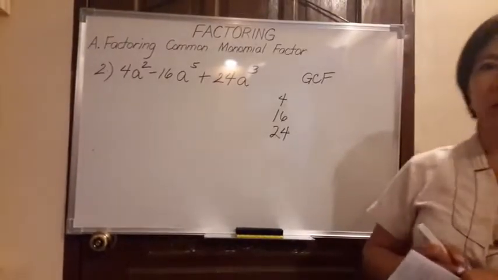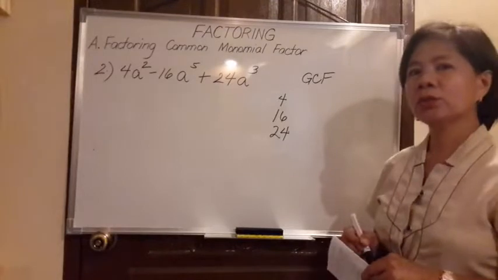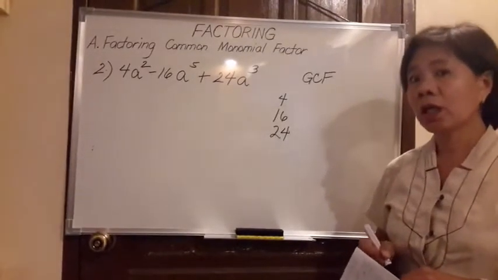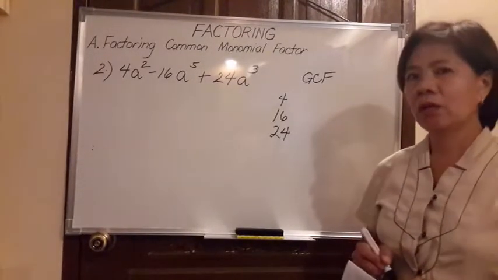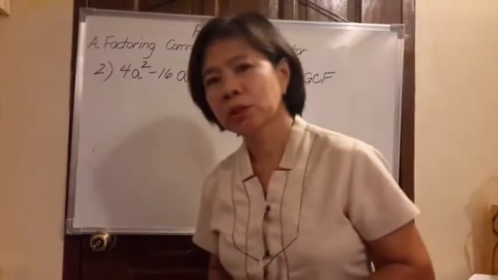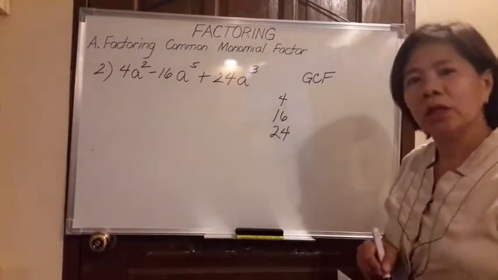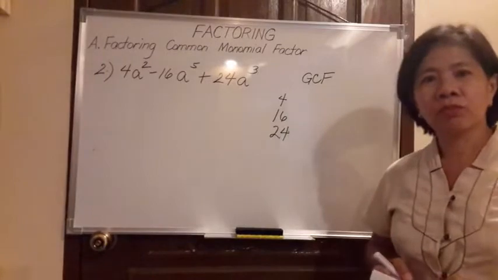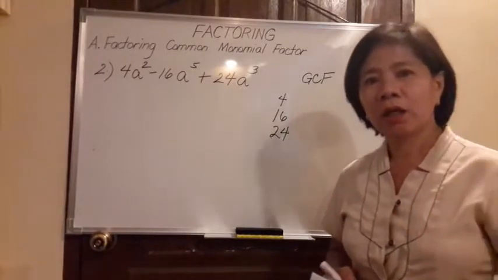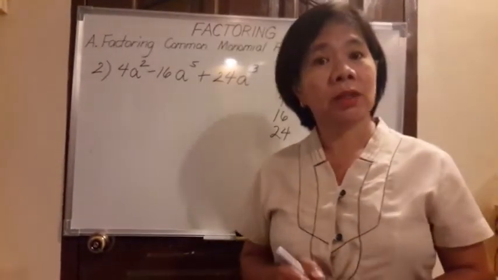How will you solve for the greatest common factor? You can use the so-called factor tree. In using the factor tree, all factors should be prime numbers. Now, what are prime numbers? Prime numbers are numbers whose factors are 1 and the number itself.